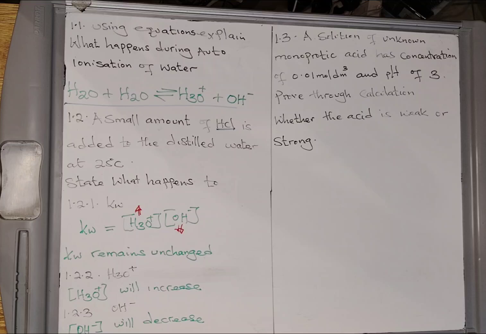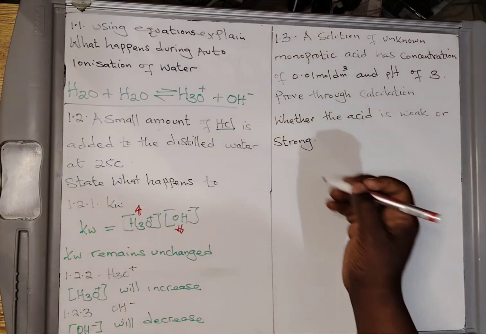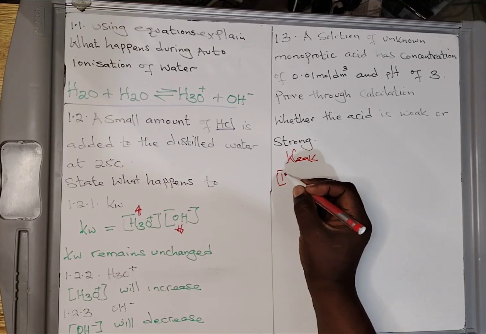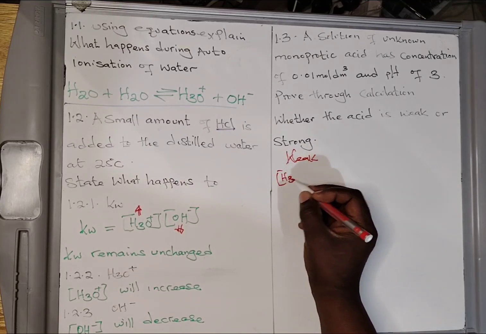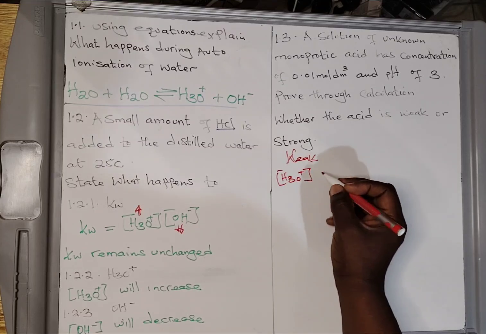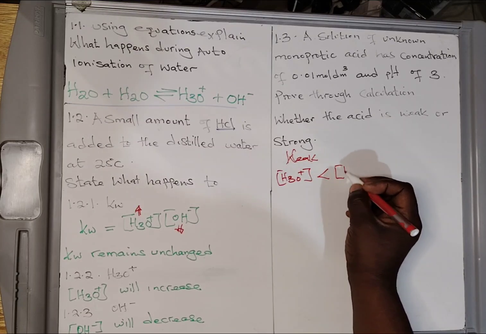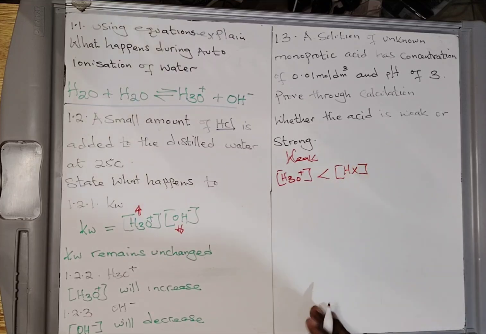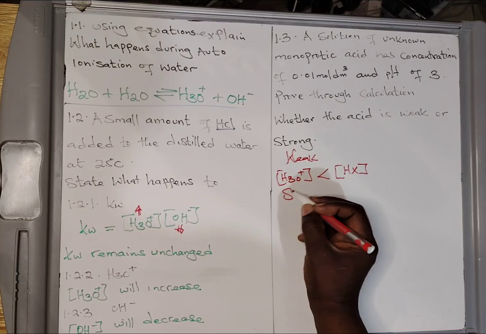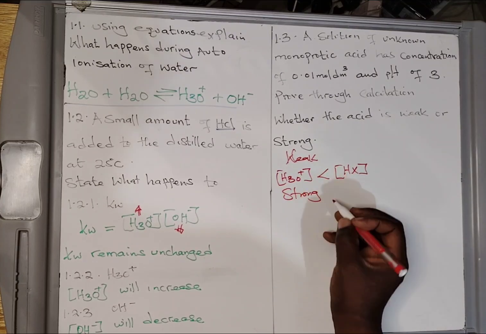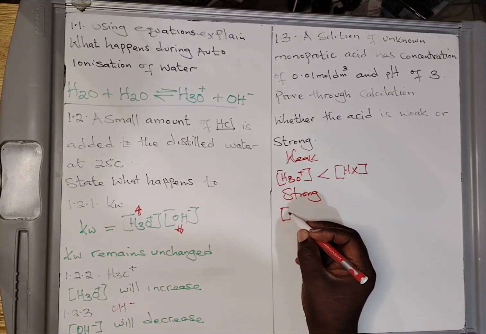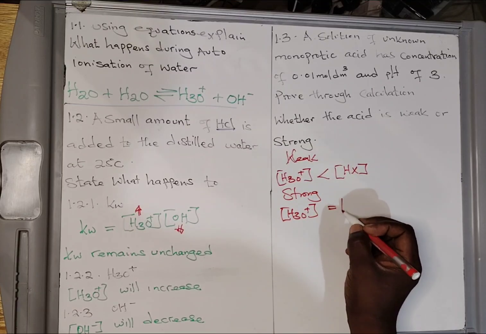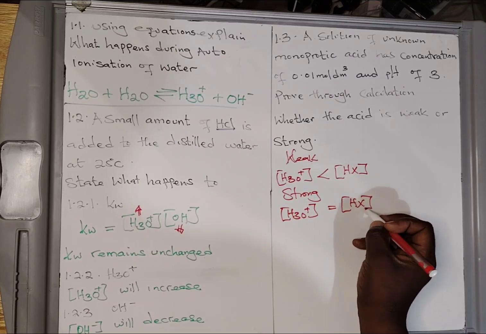Let us look at here. If it's weak, the concentration of hydronium ion is supposed to be less than the concentration of the acid. If it is strong, the concentration of hydronium ion must be equal to the concentration of the acid.